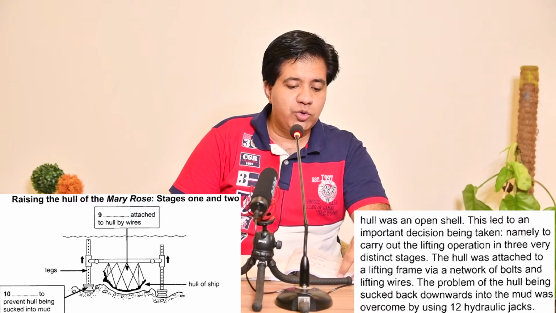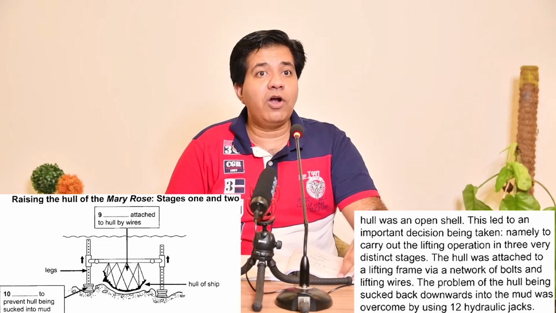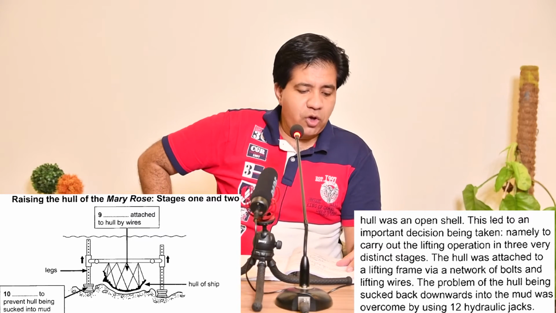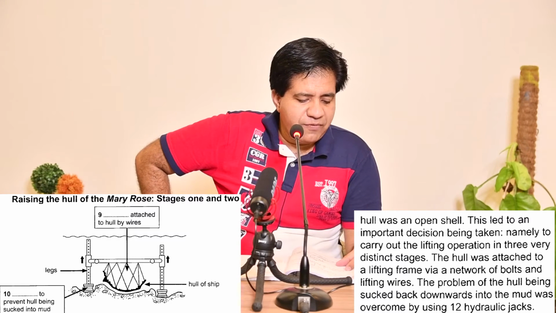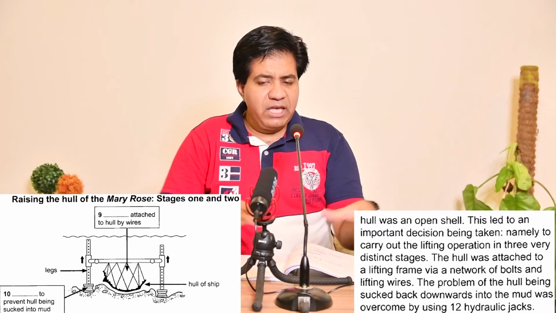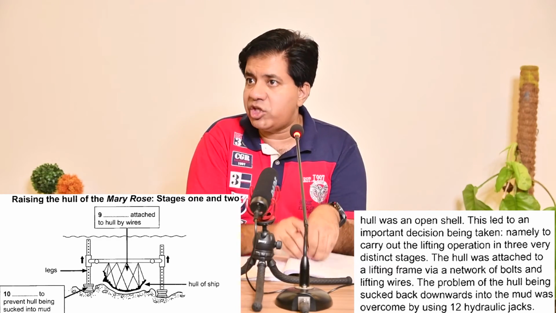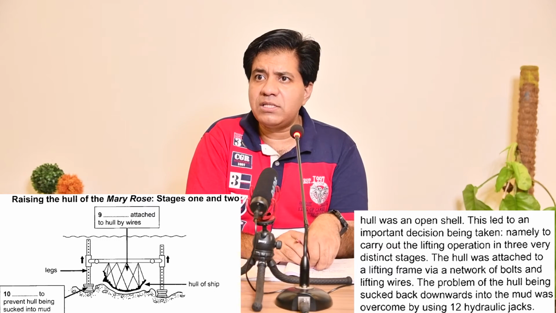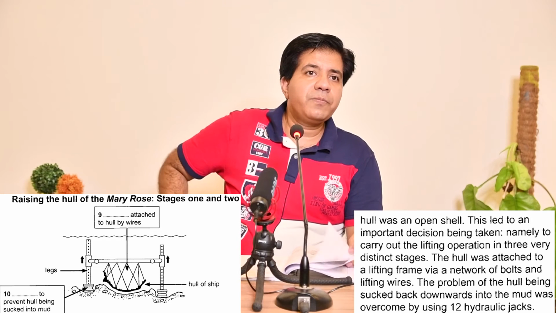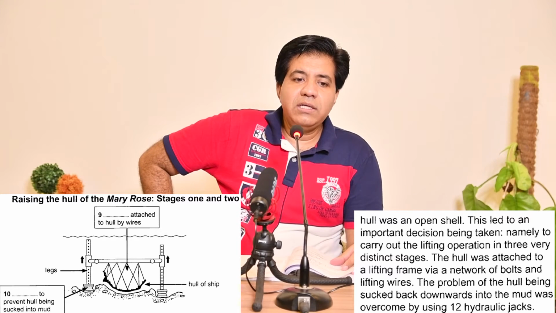No, because it's no more than 2 words and they did not mention any number. So the answer is hydraulic jacks to prevent hull being sucked into the mud. Please always remember, if a word is written in the question, that word can never be the answer. Okay, keep in mind. So the answer is hydraulic jacks.